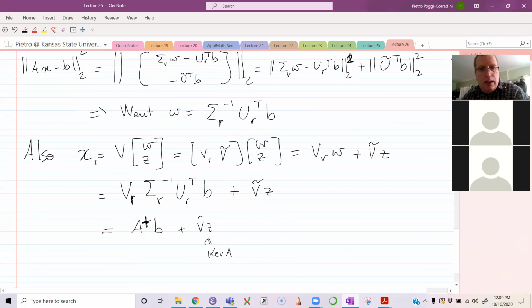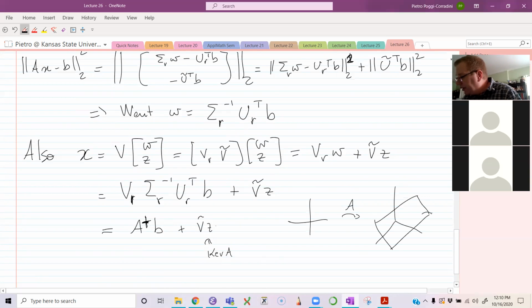Right, which makes sense, because in this case we don't have full column rank. So the picture is like this. A maps to some higher dimensional space with a certain image. And then b is over here.